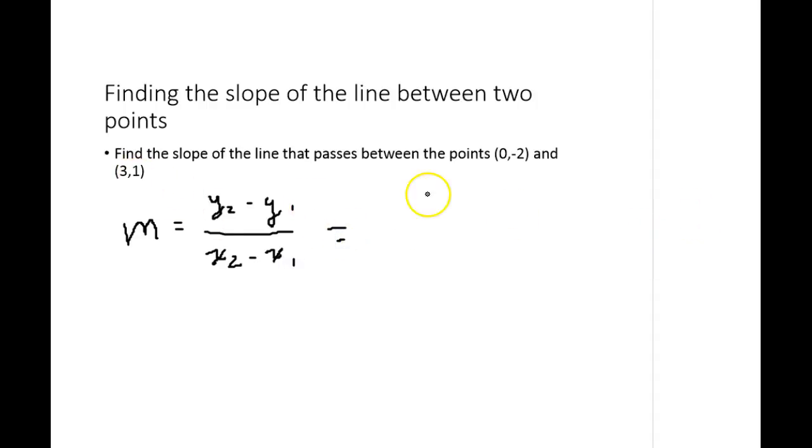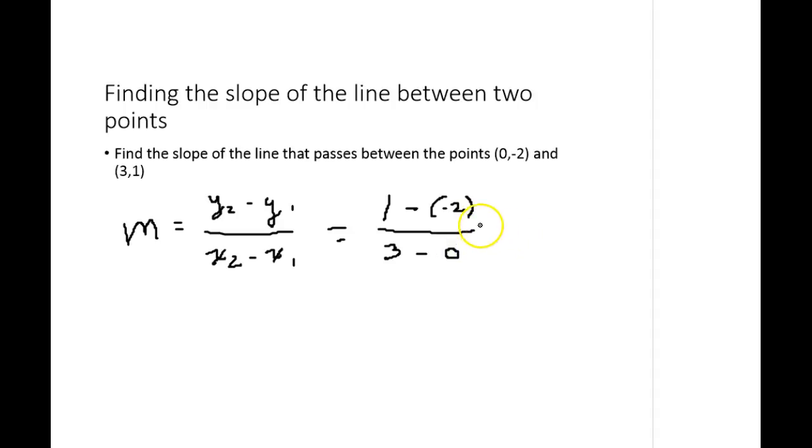It's 1 minus my first y, which was -2. If it's negative, put it in parentheses because I'm going to be subtracting a negative number. Oh, all right, x2 was 3, x1 was 0. 3 minus 0.